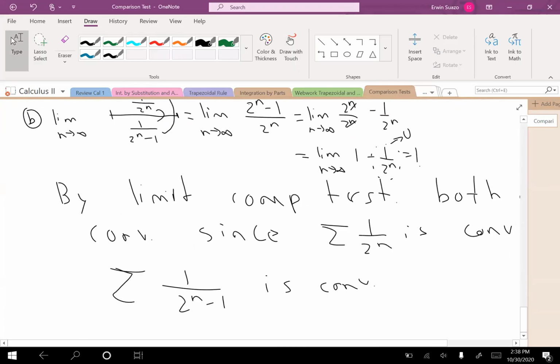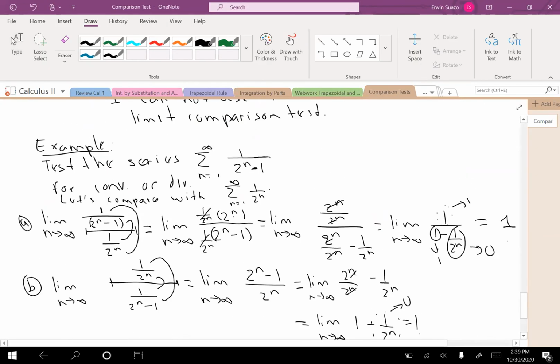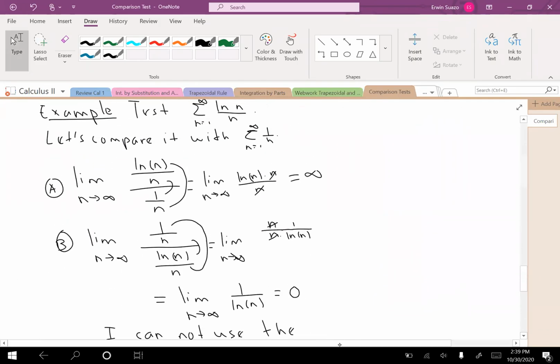Somebody's asking me whether the limits always get the same result. I don't think so. That's a good question. I think in general the answer is no, because look at the example over here.